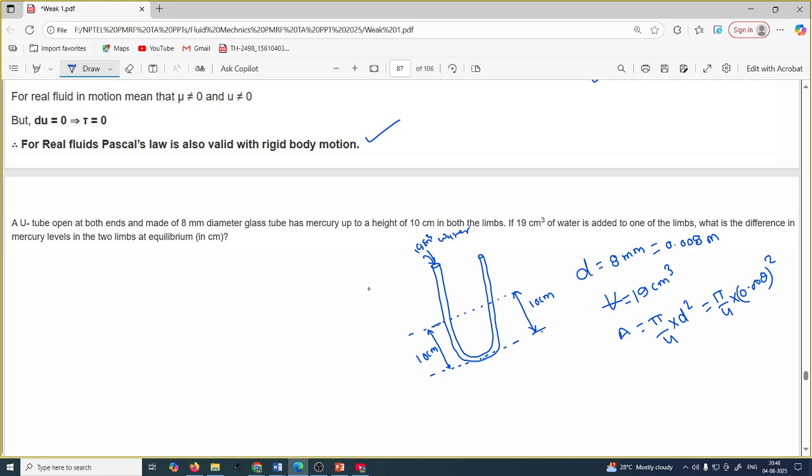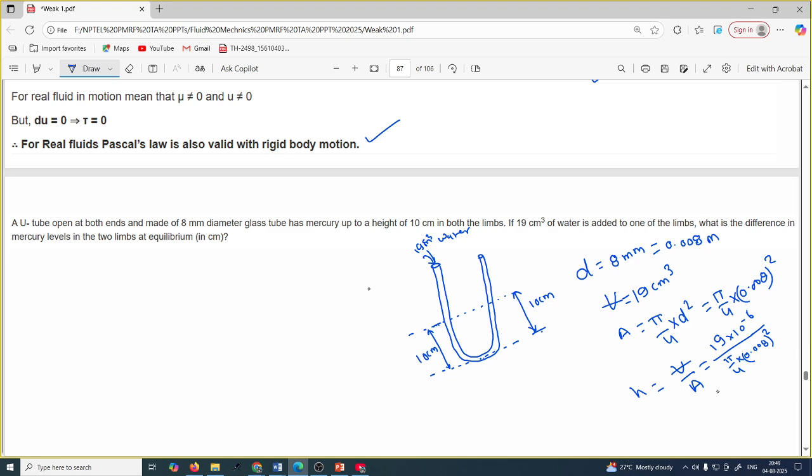Height is volume divided by area. So volume is 19 into, in meter cube, 10 raised to minus 6, and here area is pi by 4 into 0.008 square.